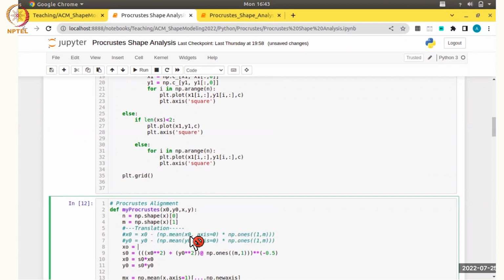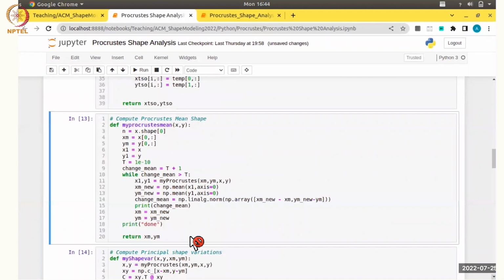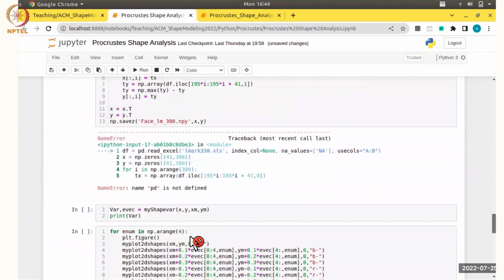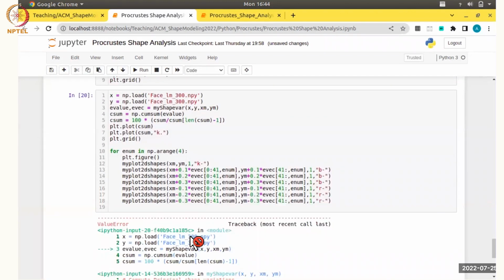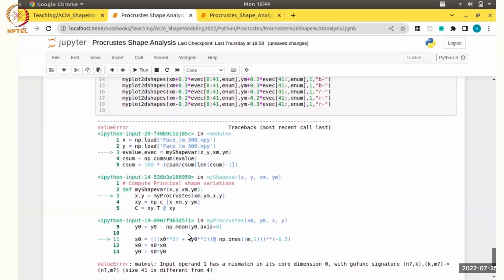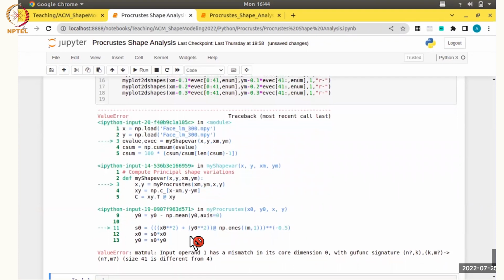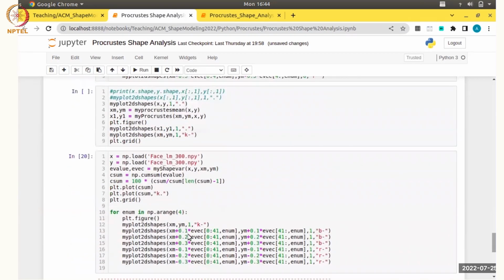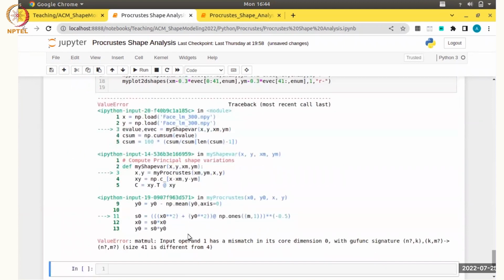X0, it's not minus. I think the same problem will be there.